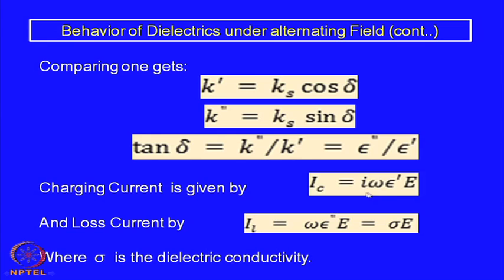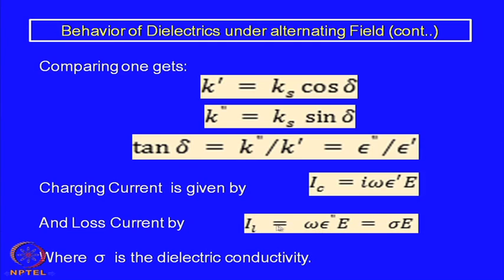So, I c is equal to i omega epsilon prime E, where E is the applied field, whereas the loss current, which is in phase with the applied field, is equal to omega epsilon double prime E, which can also be written as sigma E.